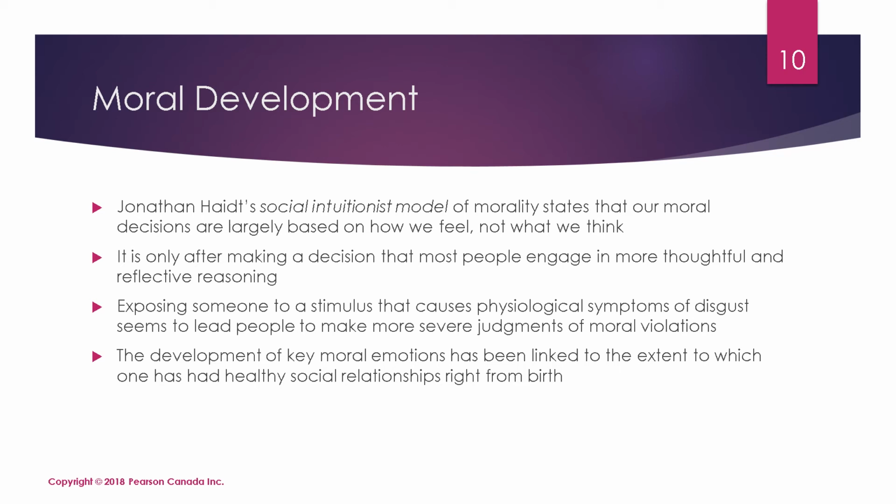Whereas Jonathan Haidt would say that a lot of it has to do with how we feel. So if we expose somebody to something that makes them feel disgusted, then it might lead them to make more severe judgments of moral violations. And he would say basically it's only after we make the decision that most people engage in more thoughtful and reflective reasoning. So we tend to act with our emotions first, and then our cognitions follow.